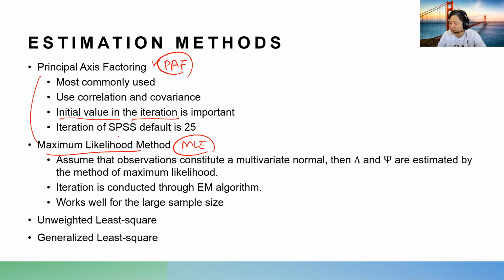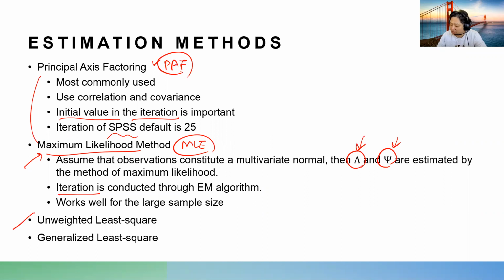This is the default in SPSS, Stata, and R, and it is a very popular method. Maximum likelihood estimation assumes the observations follow a multivariate normal distribution, and we try to find the maximum likelihood values of the loading matrix and residual matrix through an iteration process.